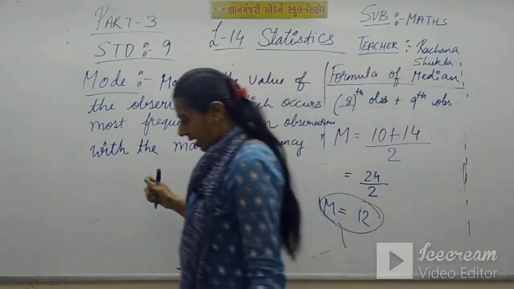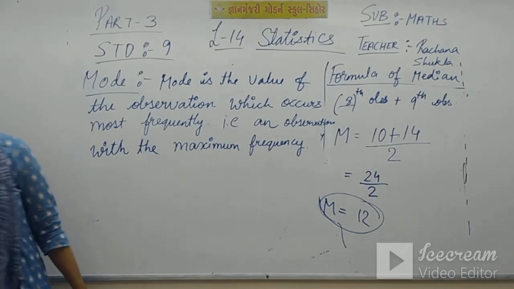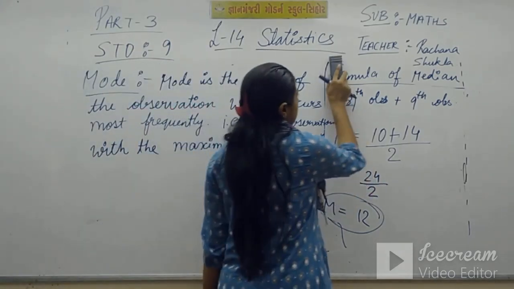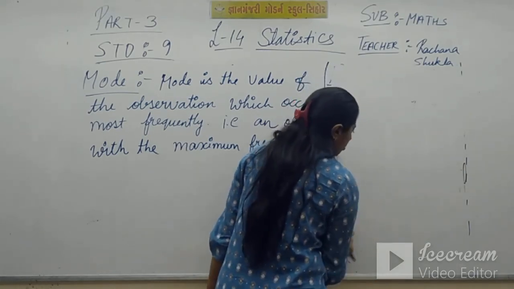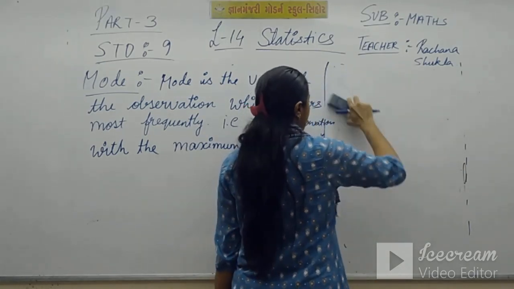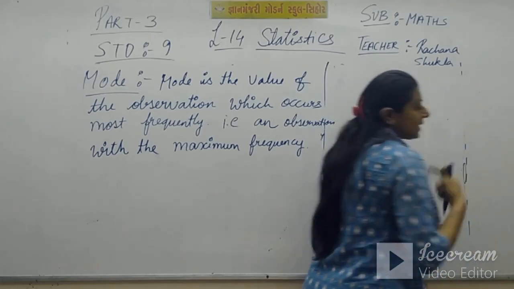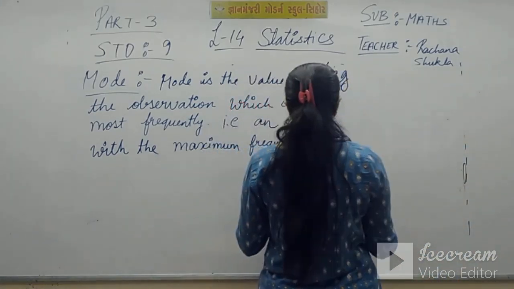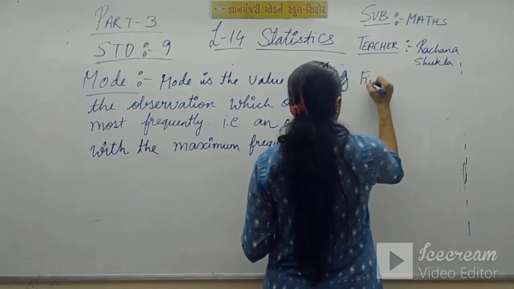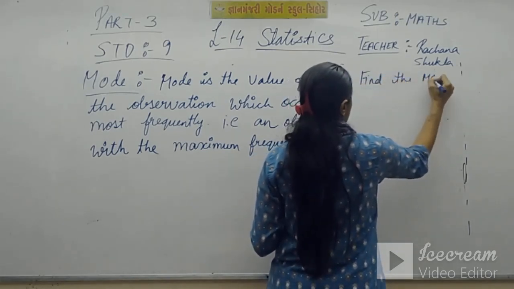Let's see an example of mode. It's very easy. You have already studied this mode. There is no formula right now for finding out mode, but in 10th standard you will study in detail the formulas of mode. Example for mode. Find the mode.